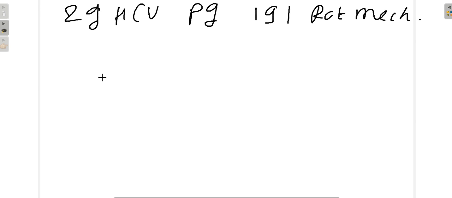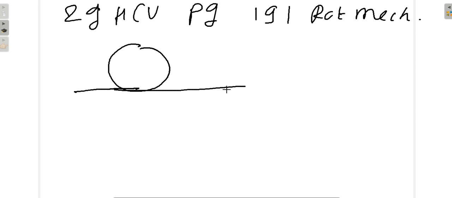Let us try to understand the situation. Here is a sphere on a rough surface. Its radius is r. There is a small particle of mass small m. Mass of the sphere is capital M. It hits the sphere with an initial velocity v0 at a height h.